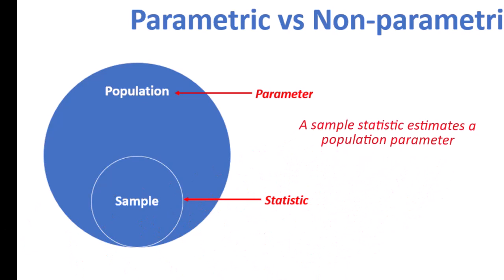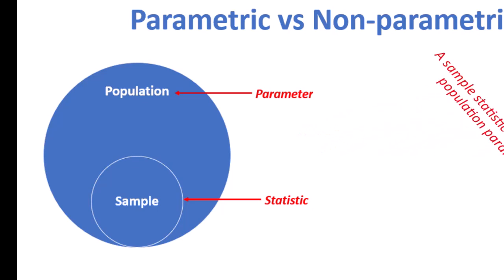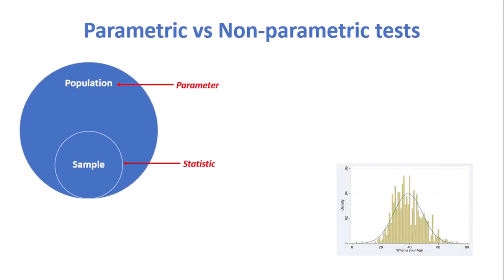So when we talk of parametric statistical procedures, these are statistical tests that assume that the sample distribution is about the same shape and has the same parameters as the general population distribution.